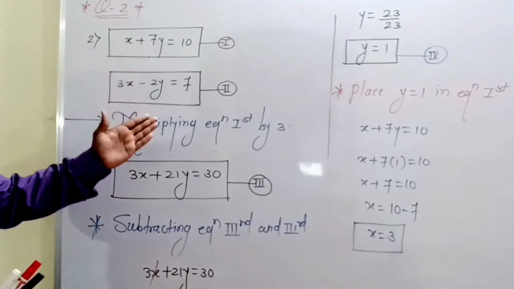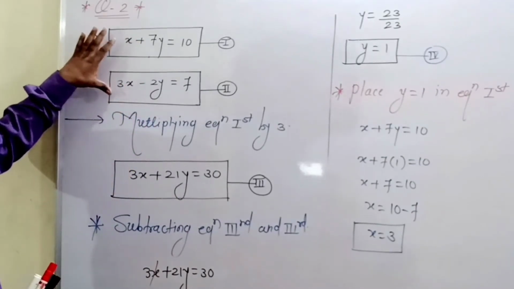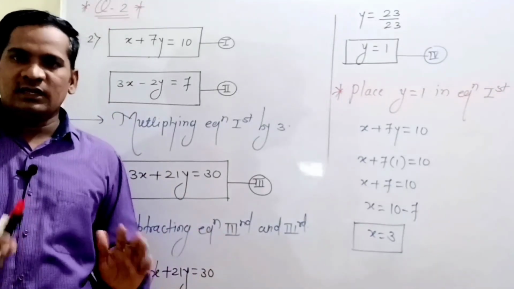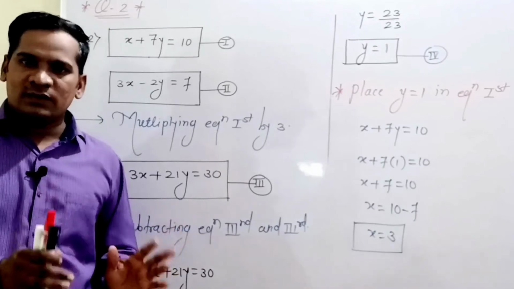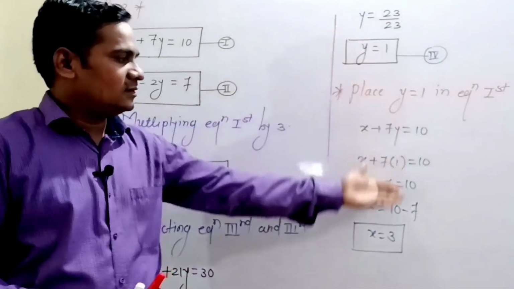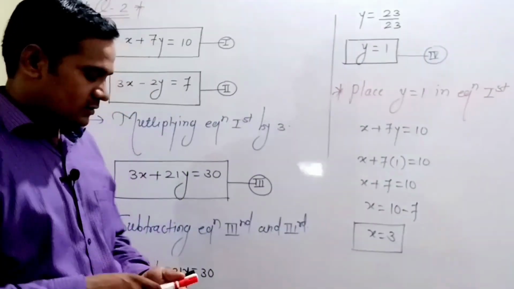When simultaneous equations are given in which the variable coefficients are not equal, at that time we have to make the coefficient equal first of any one variable, and you can solve that simultaneous equation like this way. Don't forget to write that answer in words.